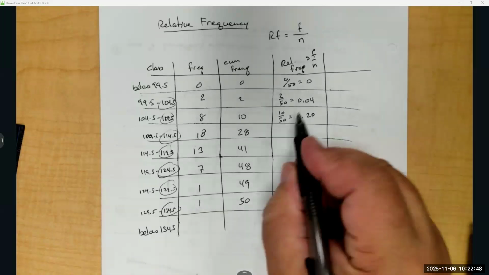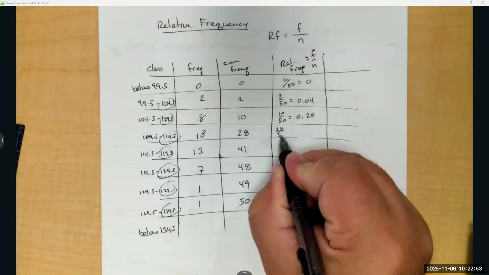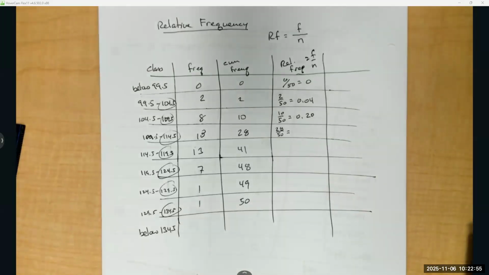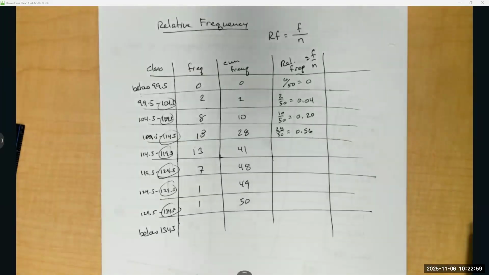So how about the next one? 28 divided by 50. 0.56. How do we get that?